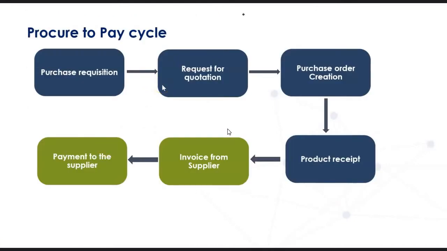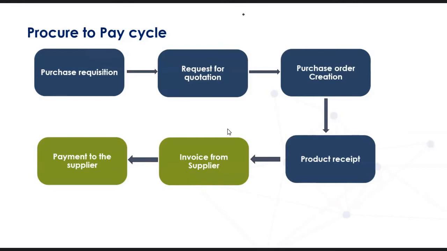Typically, in organizations, the procurement cycle starts with the purchase requisition. You can consider this as a purchase request where different department users prepare a request for the material that needs to be purchased, and they submit that request.